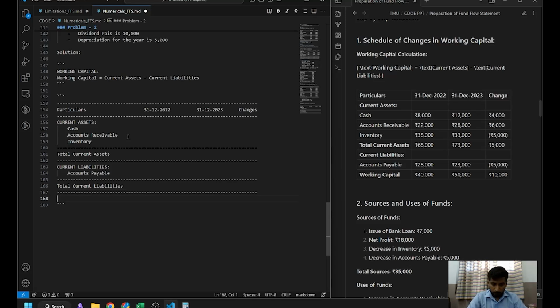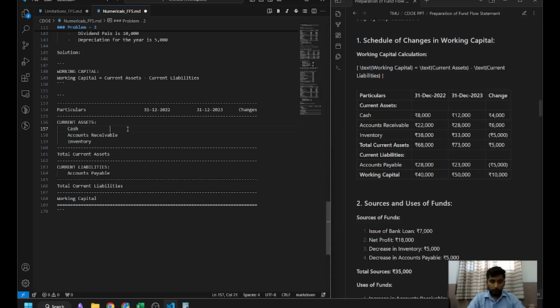And hence we have our working capital, which is the difference of total current assets and total current liabilities. This is the format. Now let us just fill in the values.